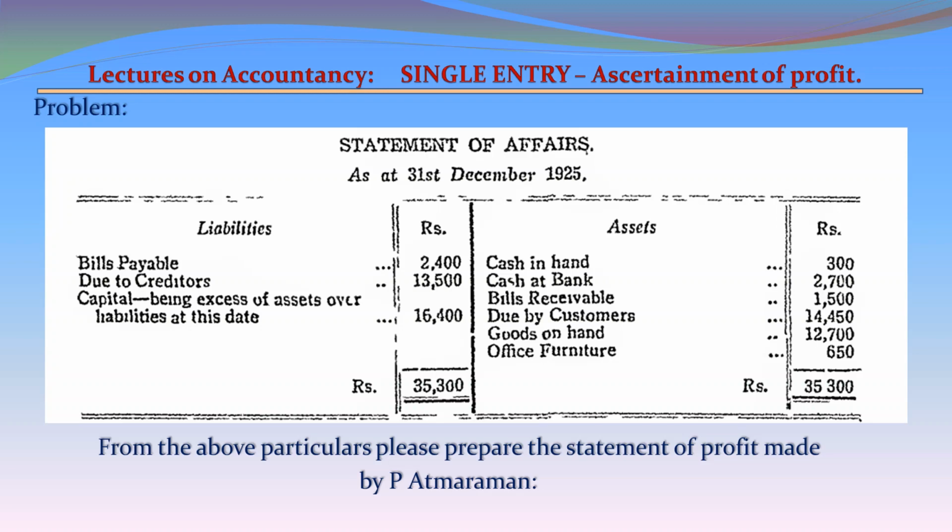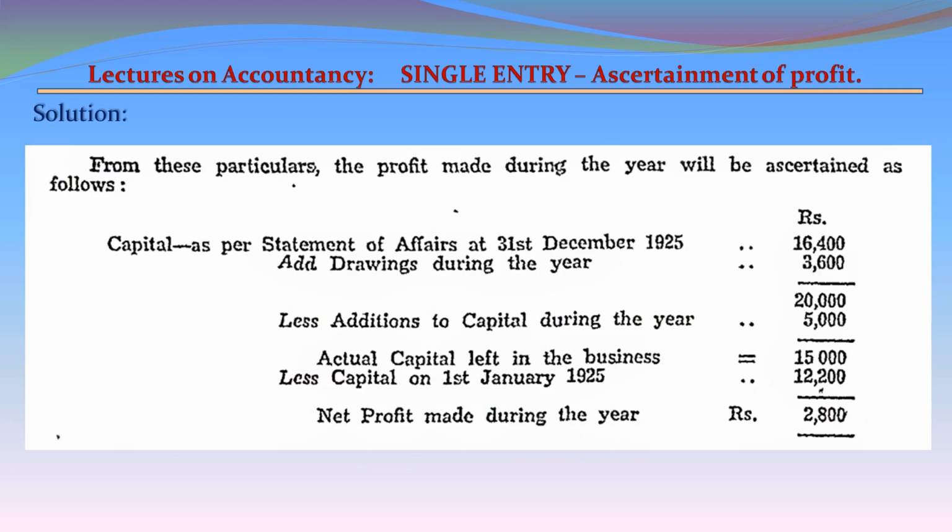On the liabilities side: bills payable 2,400, due to creditors 13,500, capital, being the excess of assets over liabilities at this stage, 16,400, total liabilities 35,300. From the above particulars, please prepare the statement of profit made by P. Atmaraman. Solution. From these particulars, the profit made during the year will be ascertained as follows.